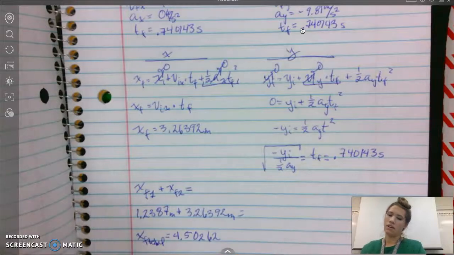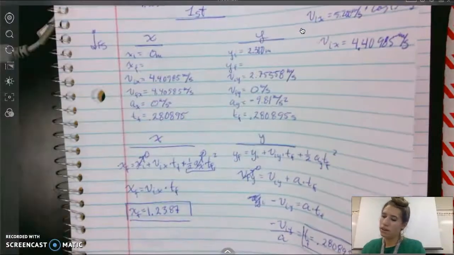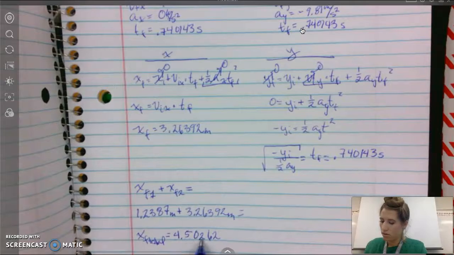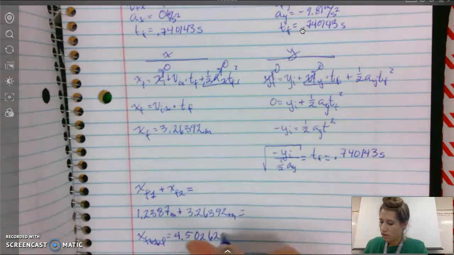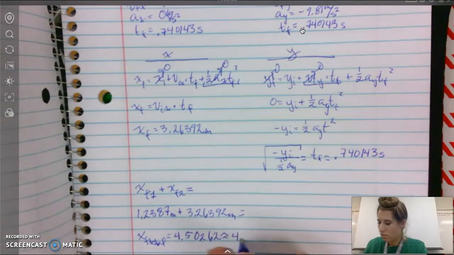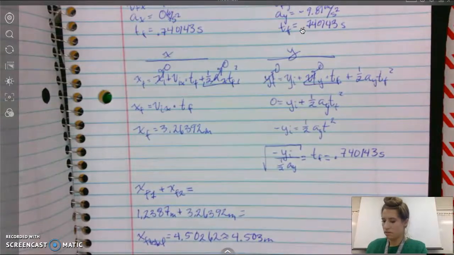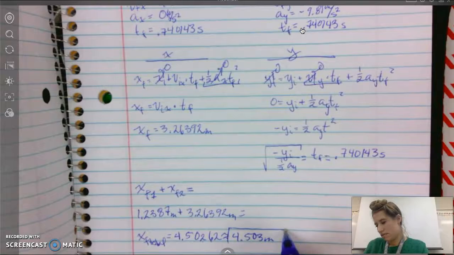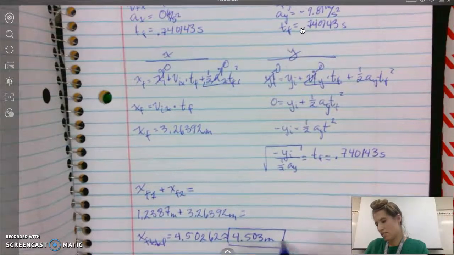Let's look back at our sig figs. We were dealing with 4 significant figures, so 1, 2, 3, 4, and that will round up. So we'll have 4.503 meters. That's where I'm going to place my target.